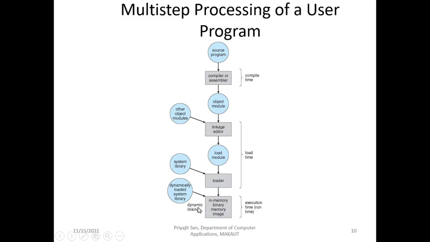Dynamic linking is done at the end, but initially when you have the source program, you don't have the concept of the object module and the load module. These are things that get done inside the program running period.